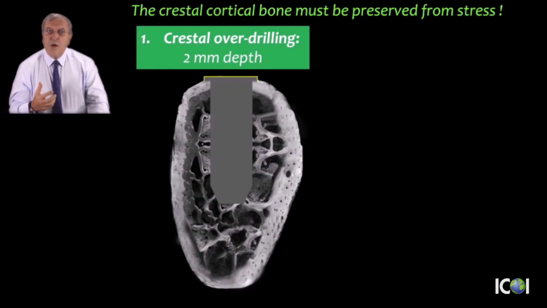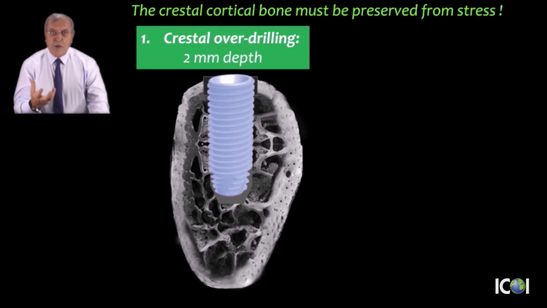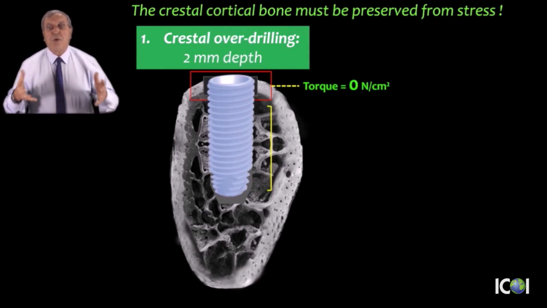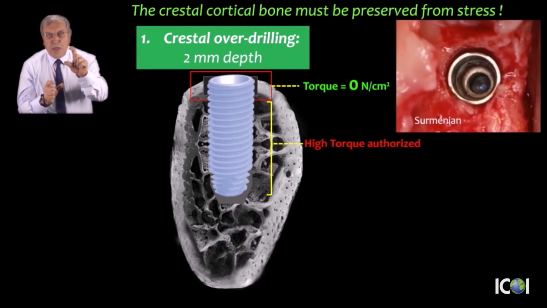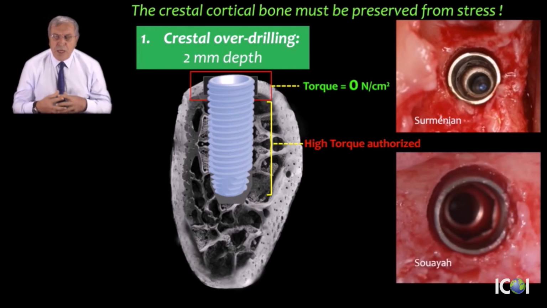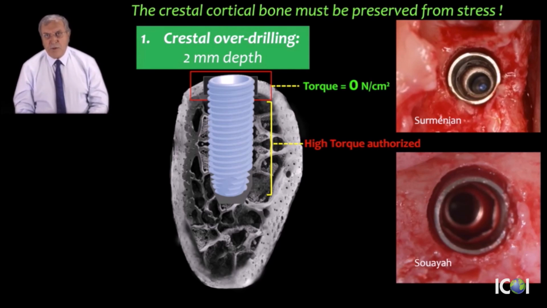You understand that we must protect and preserve the cortical bone, maybe by over-drilling into the cortical to a 2 millimeter depth. For us, today, a good implant placement is a placement with no stress on the cortical bone.